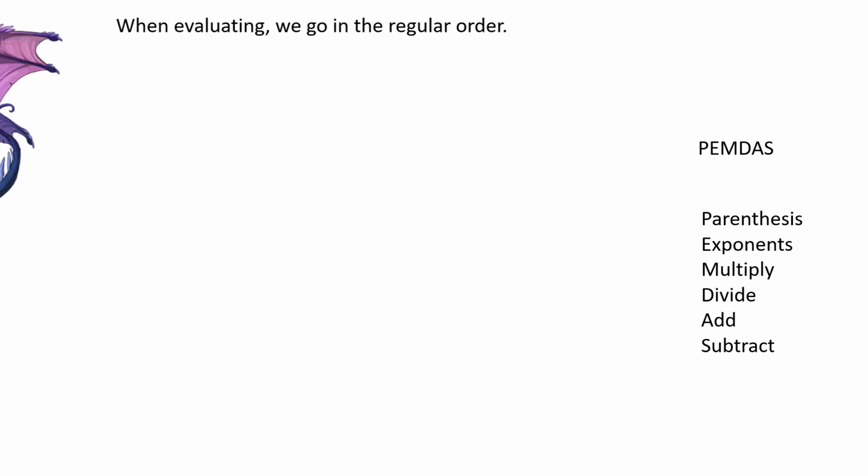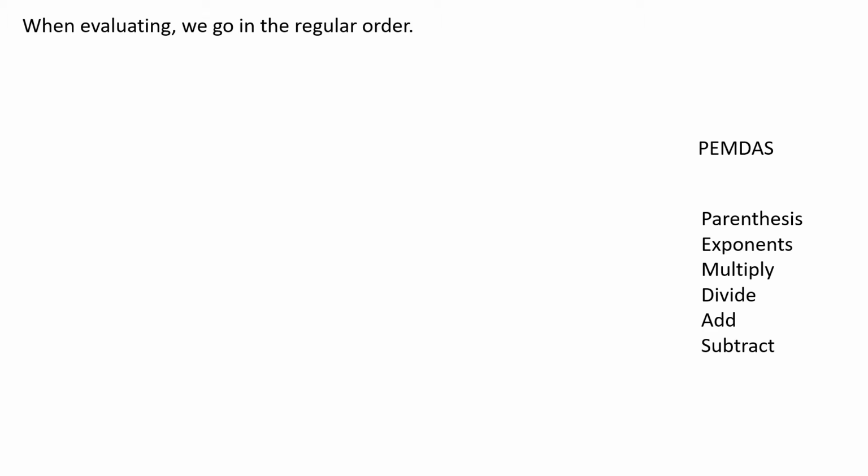Okay, now, since we're not solving equations, we go in the regular order, right? If there's a mystery number x and we're trying to solve the equation for x, that's when we go backward and undo things. But if we just want to evaluate an expression, we go in the regular order. We'll do whatever is inside parentheses first. We will then look for exponents and take care of exponents.